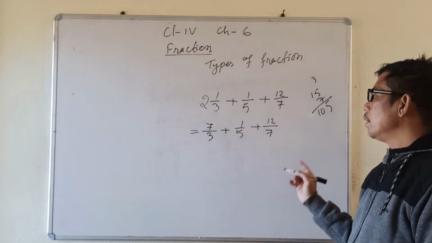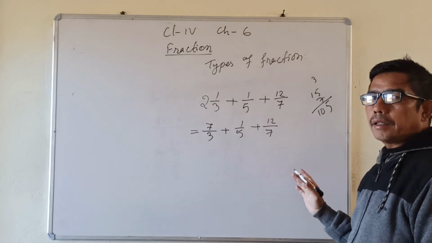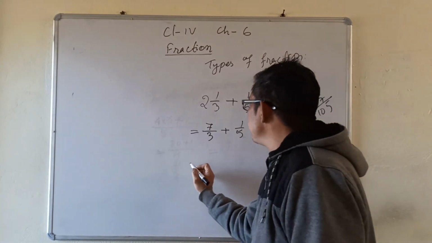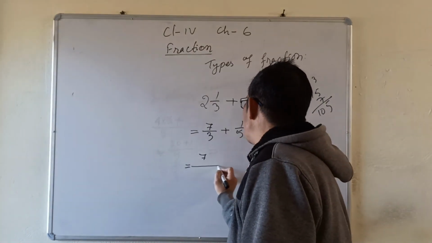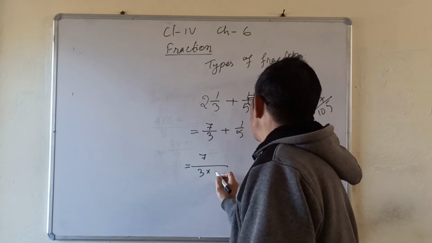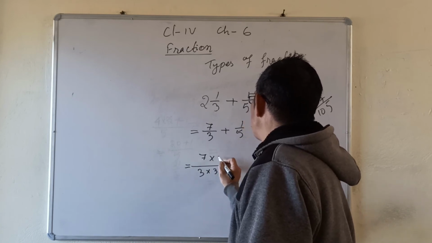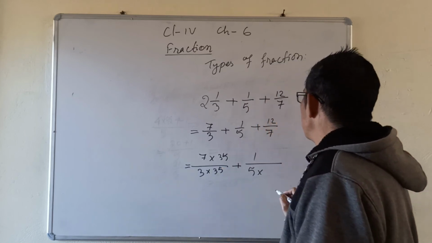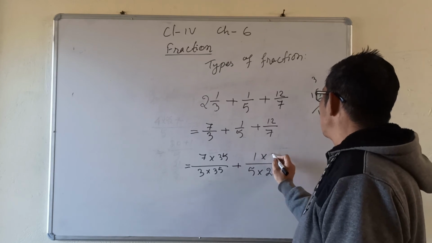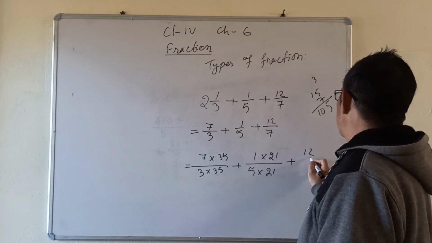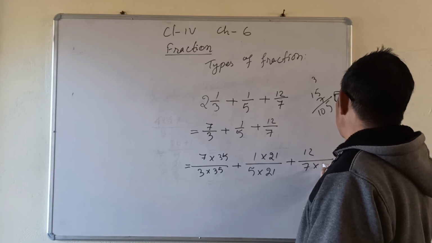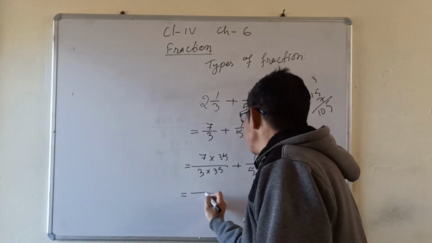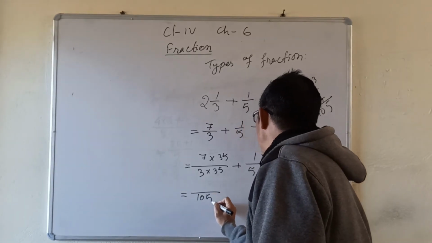So you have to convert this group of unlike fractions into like fractions by changing the denominator into 105.